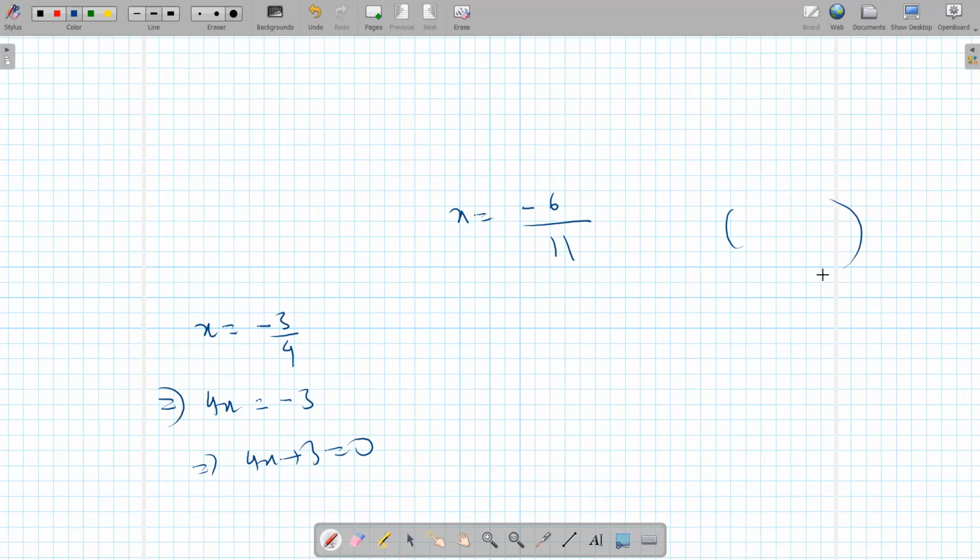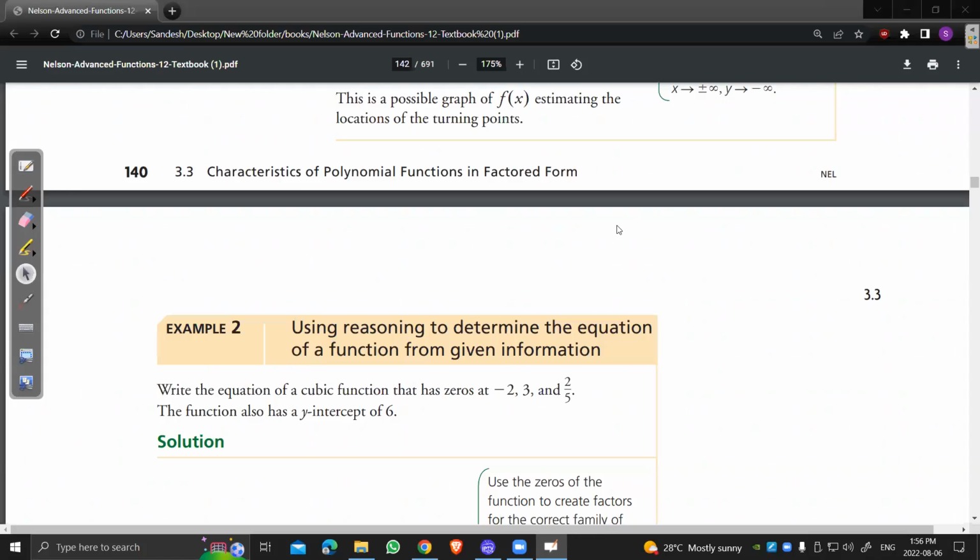You can use the steps on the left if you want. 11x plus 6. There we go. Okay. So 11x plus 6 in the factored form gives you an x-intercept of negative 6 over 11. X-intercept, 0, they both mean the same thing. Cool?